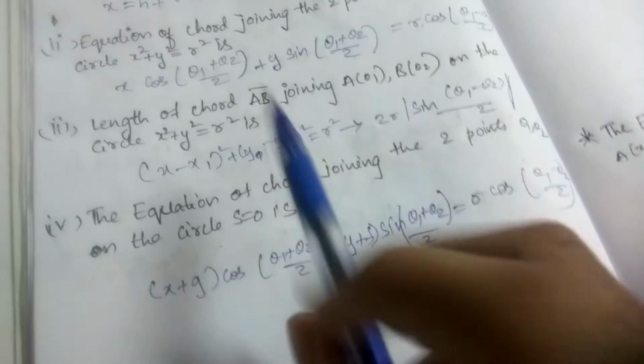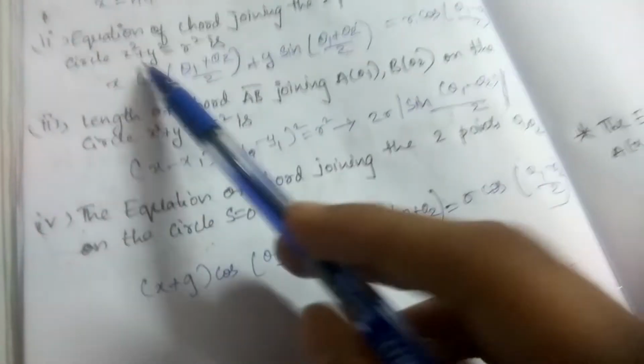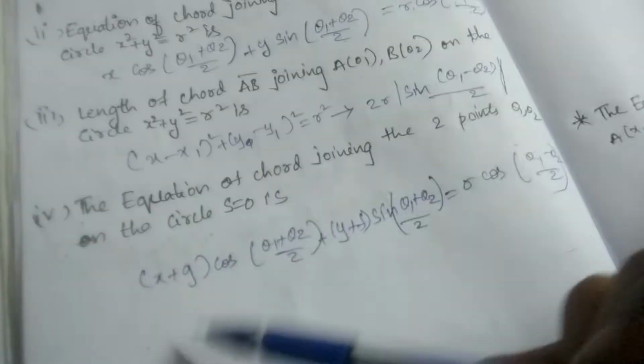If you see one thing, a common thing is there in the second one and the fourth one, but in the place of x and y, x plus g and y plus f are substituted.